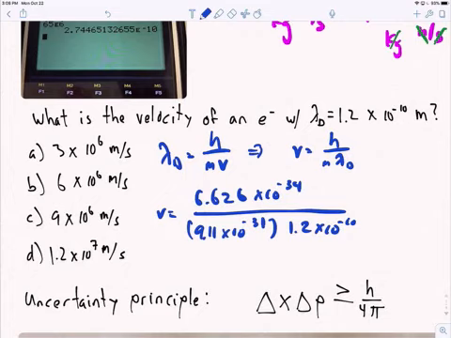Use the second one. That's easier. If you use the little e, that's a little more.